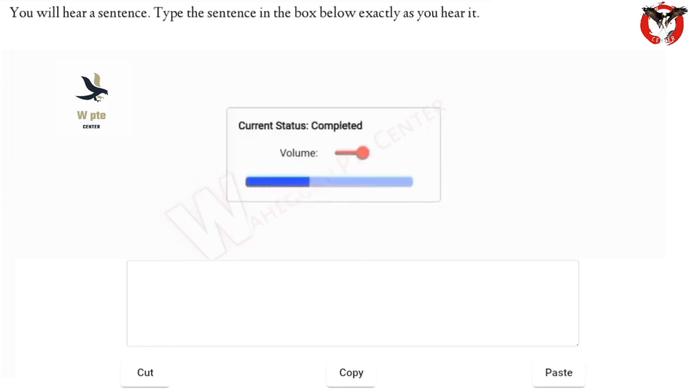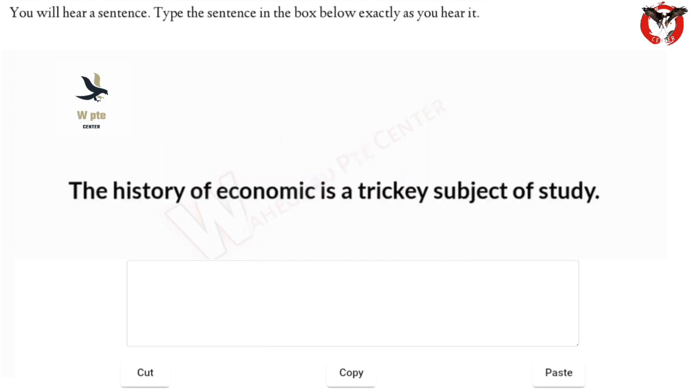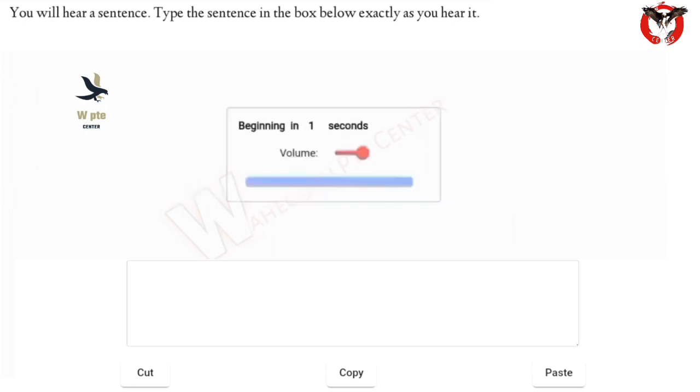The history of economic is a tricky subject of study. Behind the garage is a secret storage room.